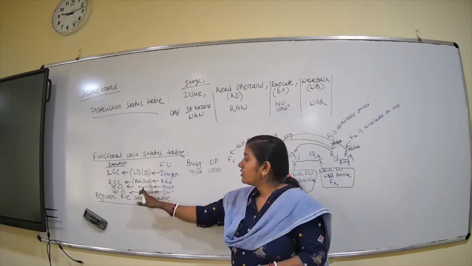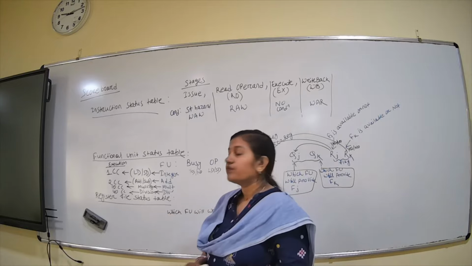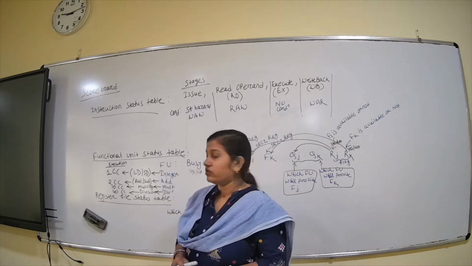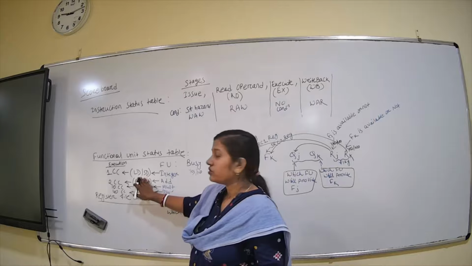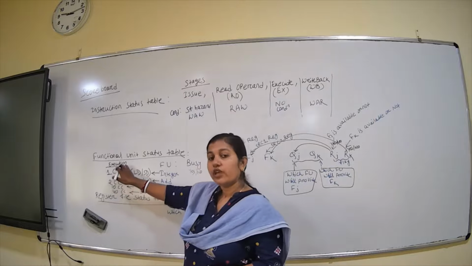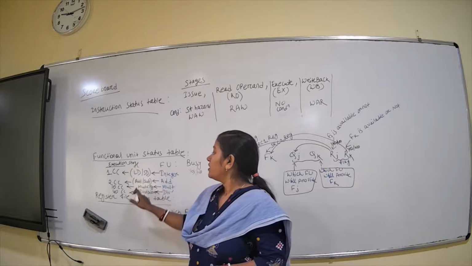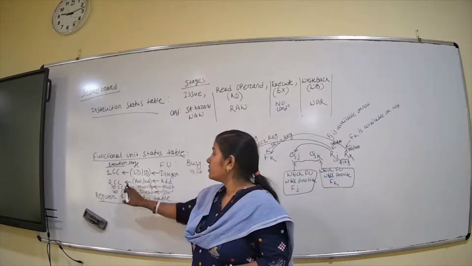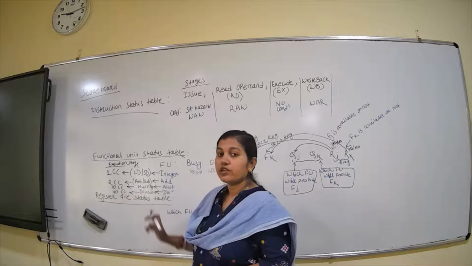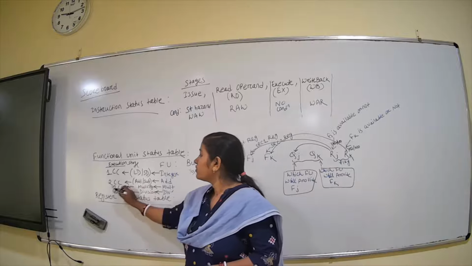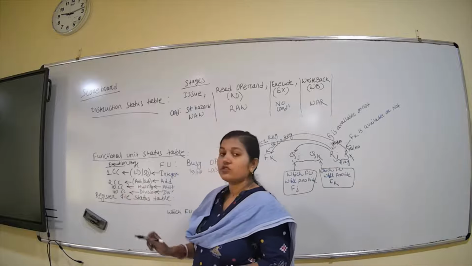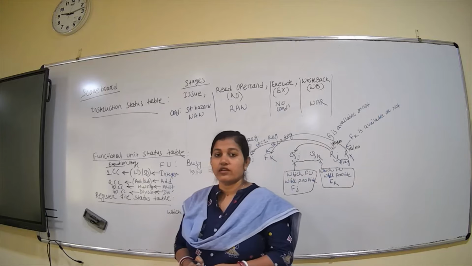Now we'll see how many clock cycles each instruction takes. Load and store take one clock cycle for the execution stage. Add or subtract takes 2 clock cycles. Multiply takes 10 clock cycles. Division takes 40 clock cycles.